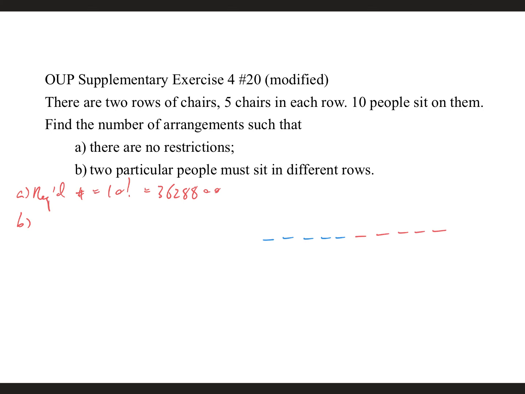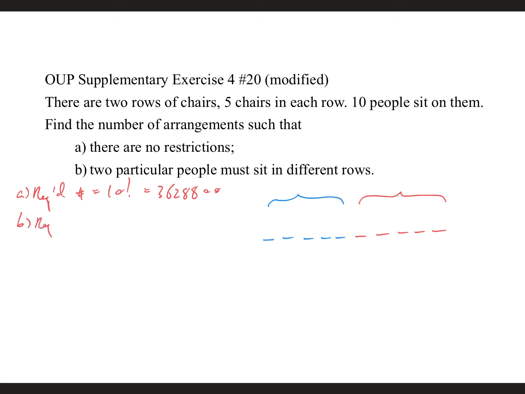John and Mary. So if John must sit on the first row, he has 5 choices, and Mary, therefore, must sit on the second row. There are another 5 choices, okay? Now, then, the rest of the 8 people can sit whatever way we like.